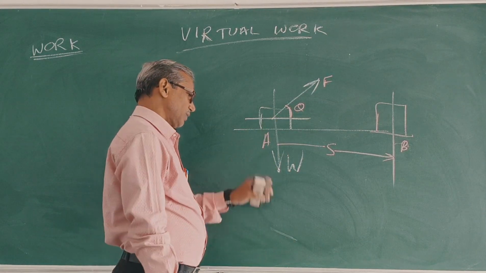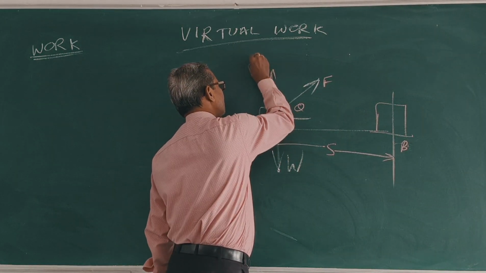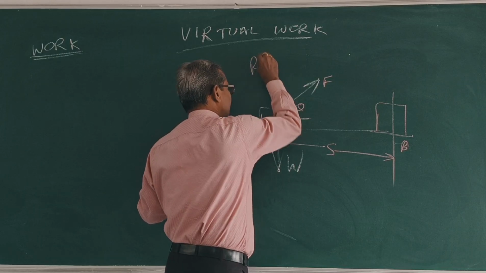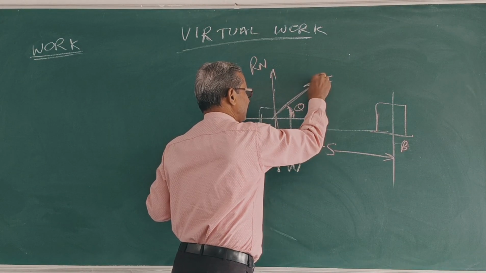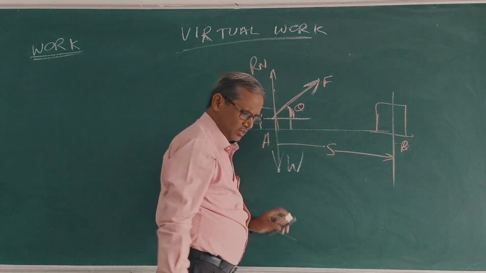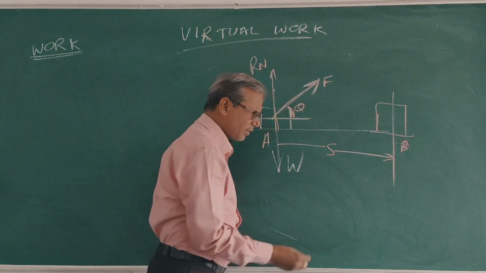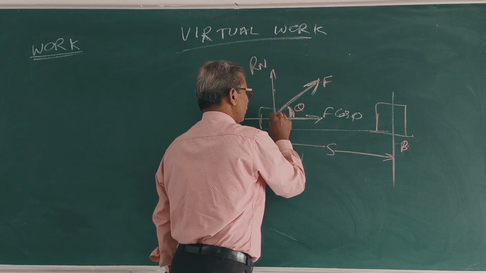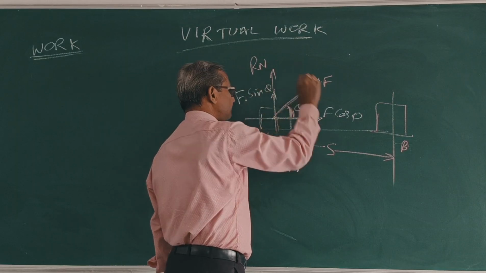So what is work done? This is normal reaction Rn. Suppose the force makes angle theta with the x axis. So what is this component? This is F cos theta. What is this? F sin theta.